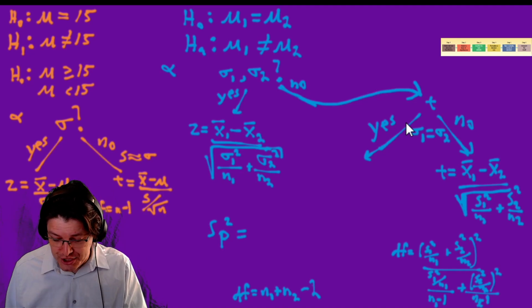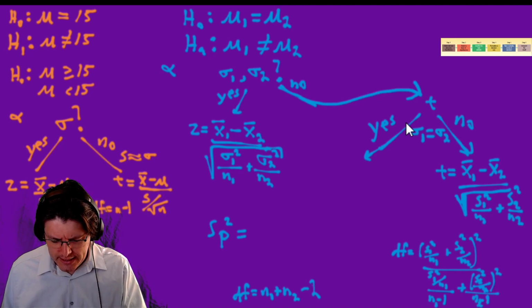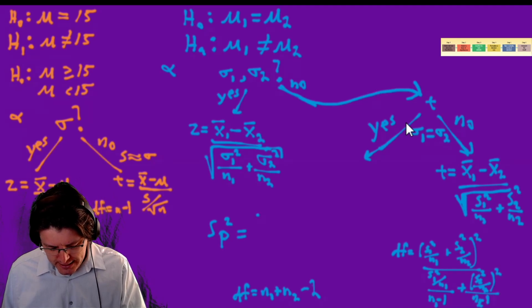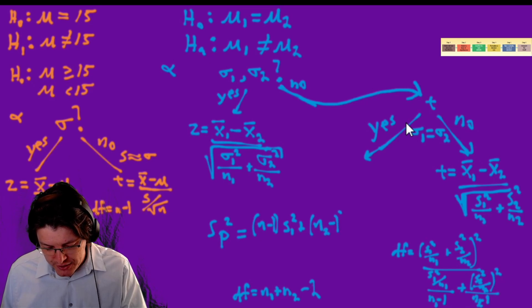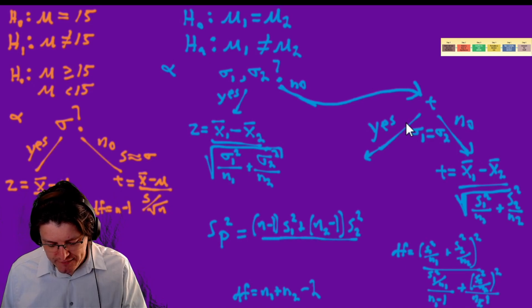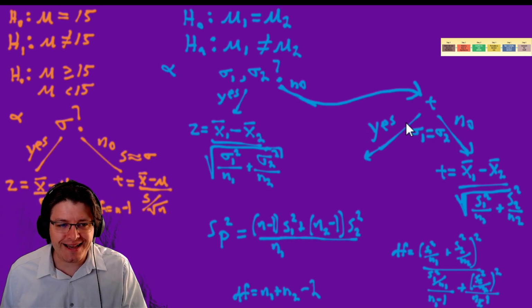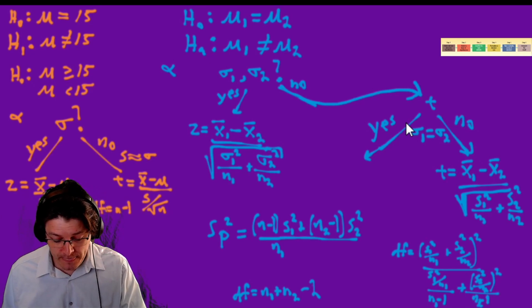Okay, so that equation looks like this. Again, it's obviously in your book. You don't necessarily have to memorize this, but once you understand that we're taking a weighted average, it starts to make some sense. We're taking a weighted average of the variances, actually, so you can see that s1 squared is plugged in here.